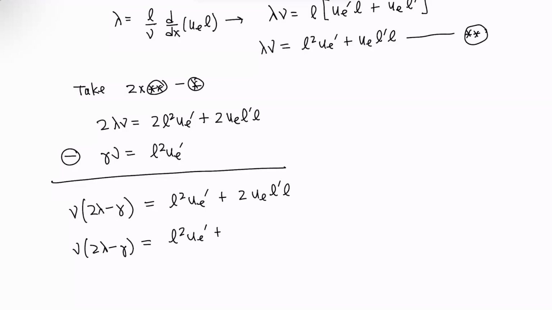And then I'm going to rewrite this as UE times d dx of L squared.